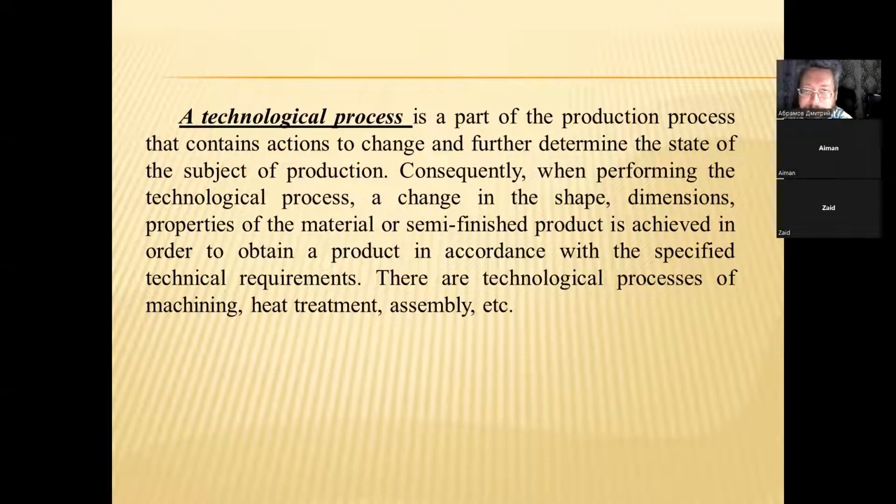Consequently, when performing the technological process, a change in the shape, dimensions, properties of the material or semi-finished product is achieved in order to obtain a product in accordance with the specified technical requirements.